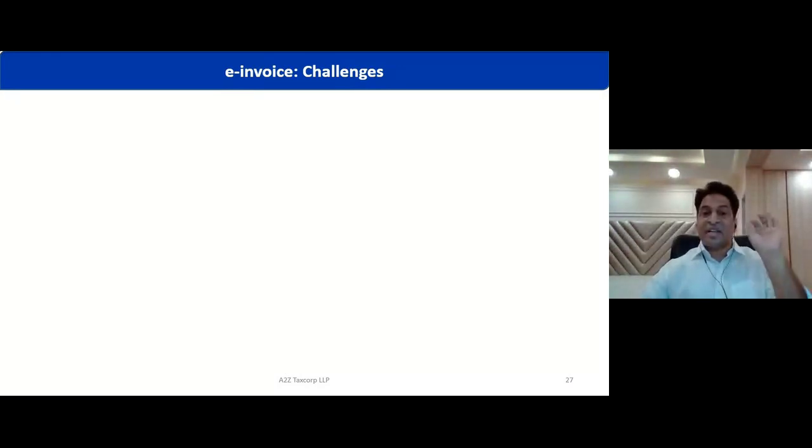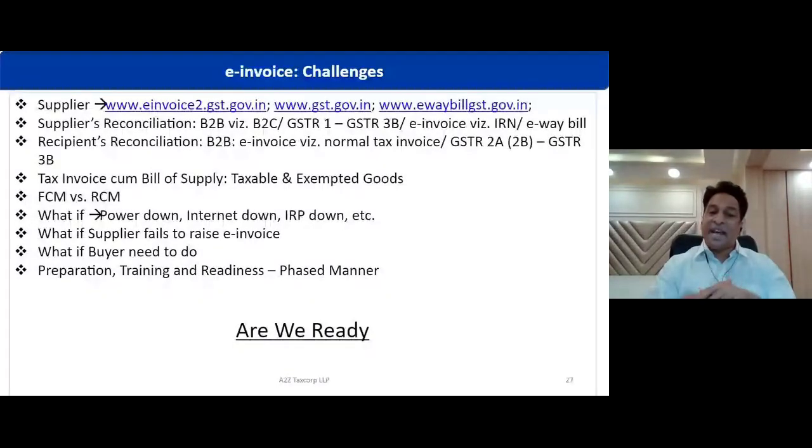These challenges, as on date existing, are creating turmoil in the mind of the taxpayer, the registered person, on how to go about generating e-invoice. These are the 10 dedicated points. First, any registered person whose aggregate turnover is more than 500 crore in any of the three preceding financial years, 17-18, 18-19, and 19-20.